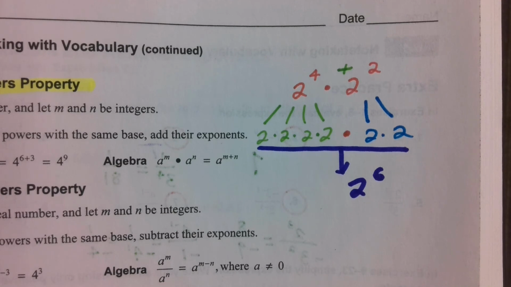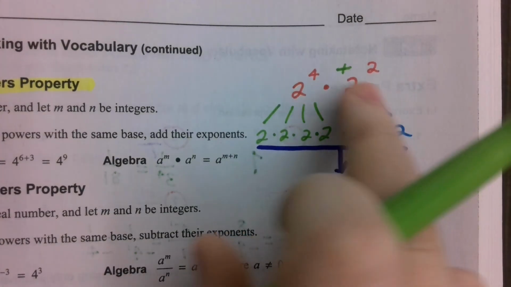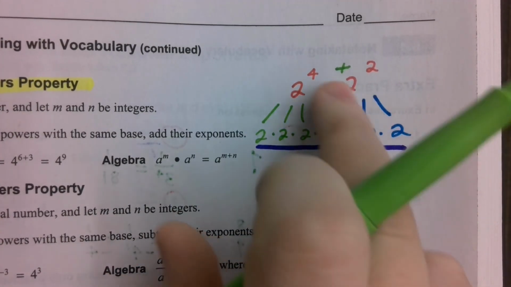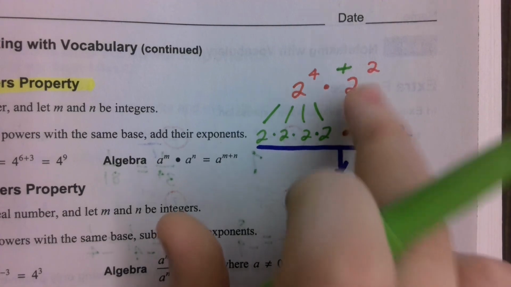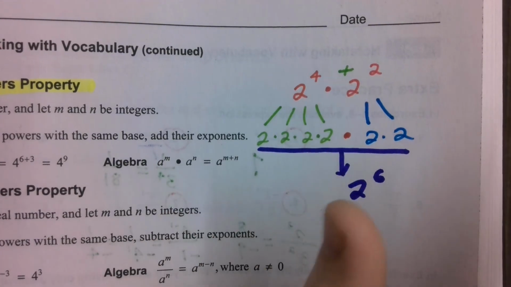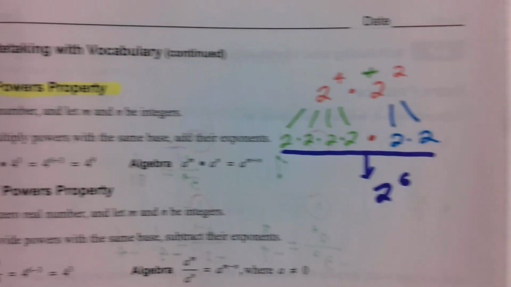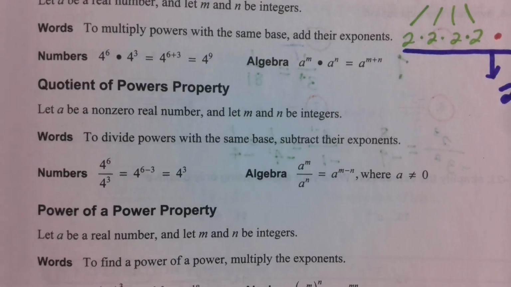So for any exponents that have the same base, it's only worth it because we're talking about 6 different 2's here. If this was a 6 or a 7, it wouldn't work. If they have the same base, you can add their exponents.